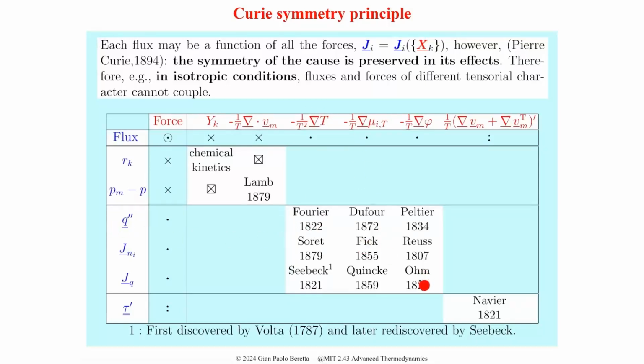But as you see, at least part of this matrix is filled with other possibilities that have names, so they correspond to effects that have been observed long ago. As you see, they're talking about the 19th century still.